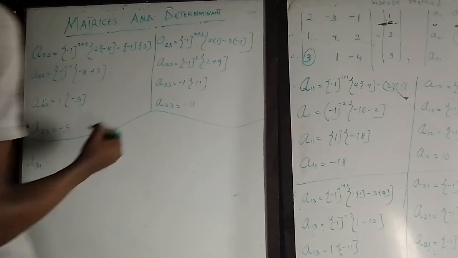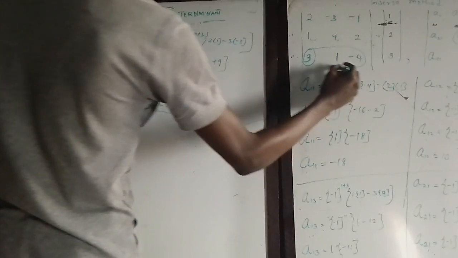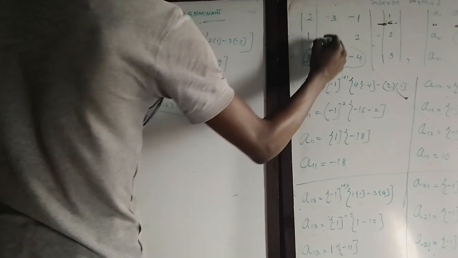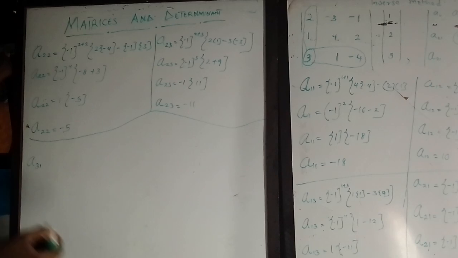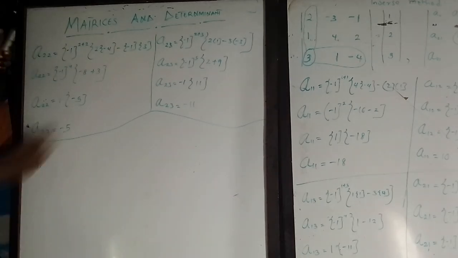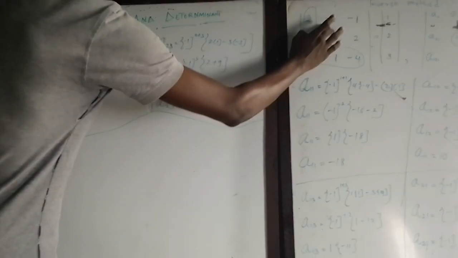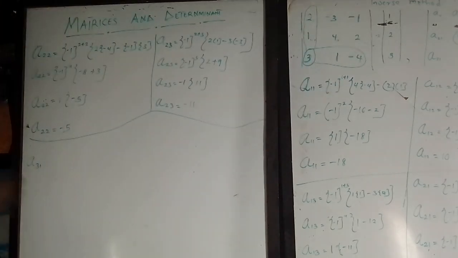Then it will affect everything in this row. Then it will affect everything in this column. So the elements for A31 are minus 3 times 2, then 4 times minus 1.